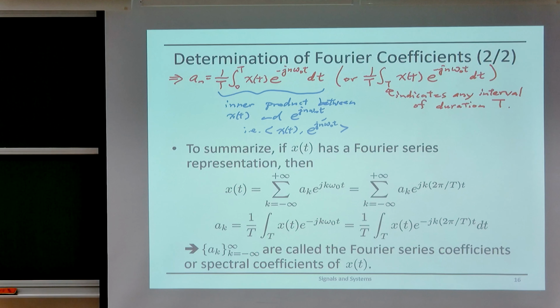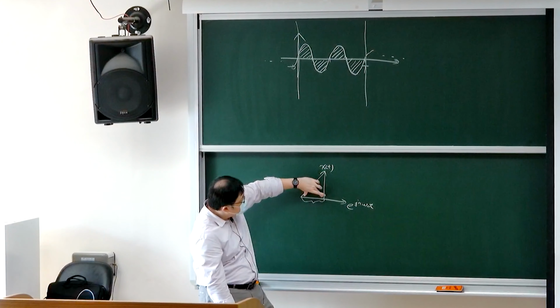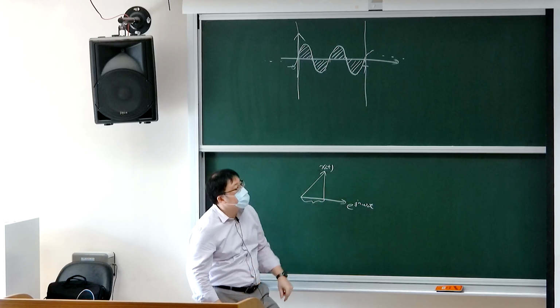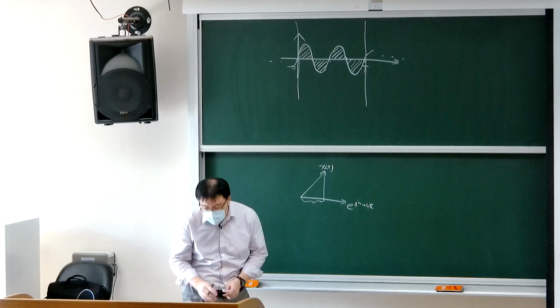When you compute the inner product, you're computing the length of the projection onto this direction. So intuitively, what a_n gives you is the portion of x of t projected onto this direction, e to the j n omega naught t.